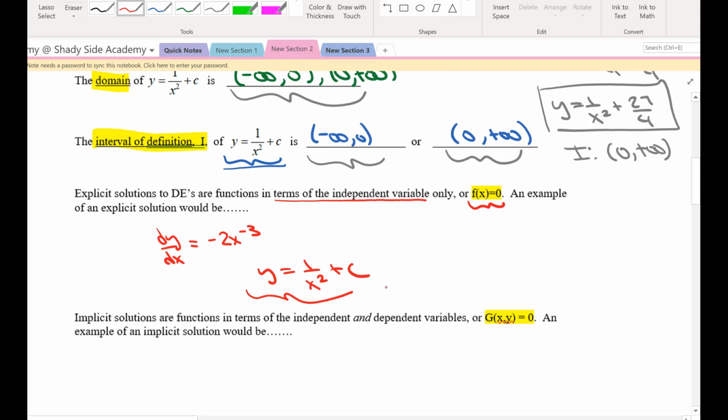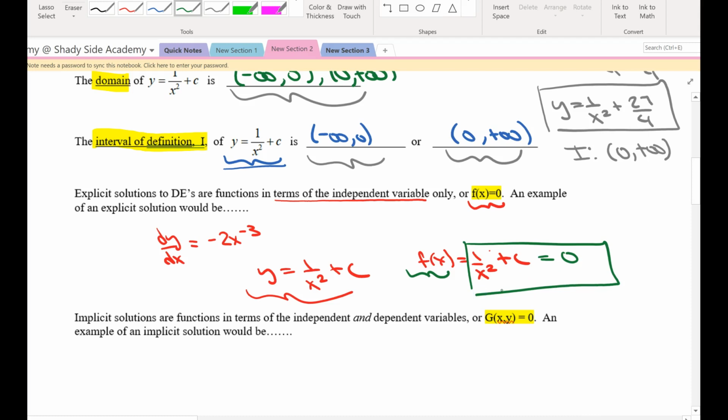When I say you can express any explicit solution in this form, what I'm saying here is that when you have the explicit solution, f of x equals 1/x² plus c, it is possible to set this entire explicit solution, I can take this and set it equal to 0. I have the ability to set, right here, the dependent variable equal to 0.